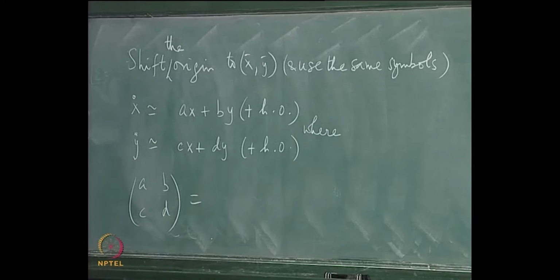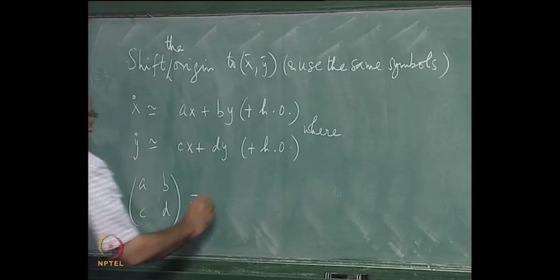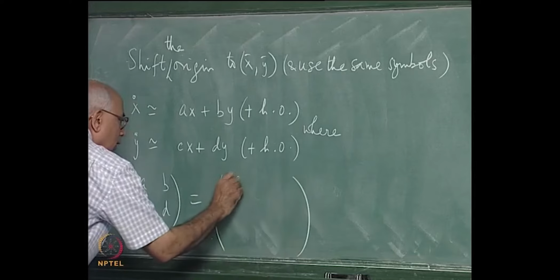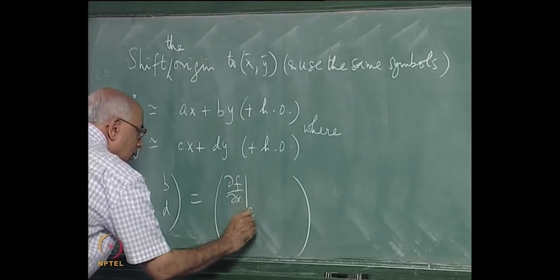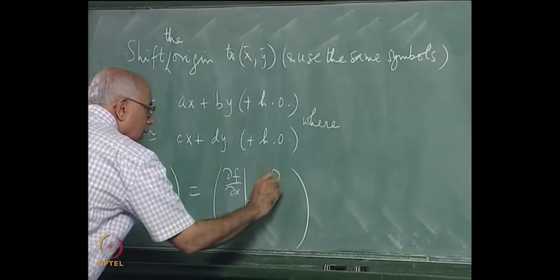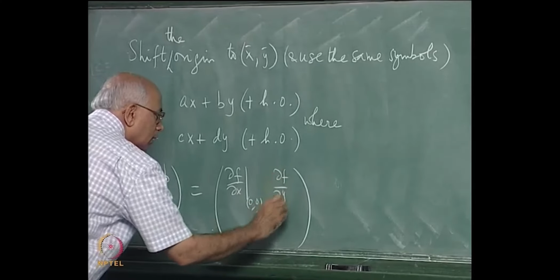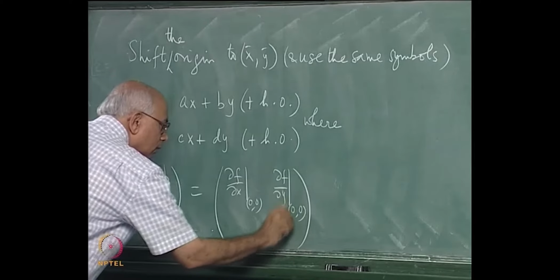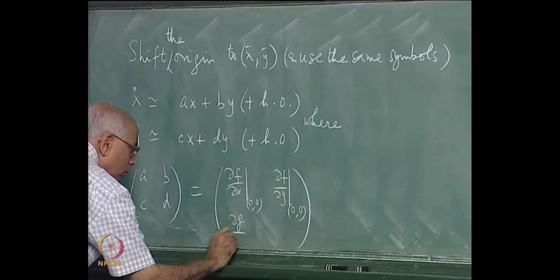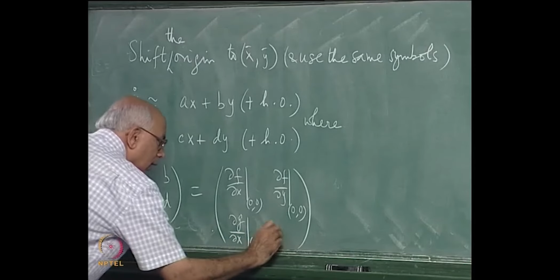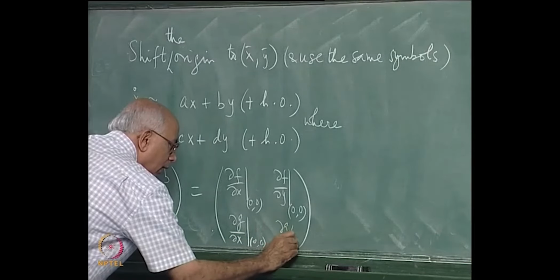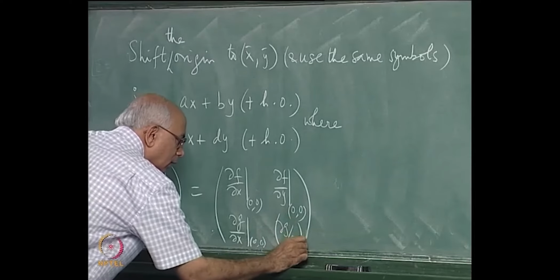a, b, c, d is just the matrix of partial derivatives of f and g evaluated at the origin, which is where the critical point is. So this is simply delta f by delta x at 0 0, delta f over delta y at 0 0, delta g over delta x at 0 0, and delta g over delta y at the origin.